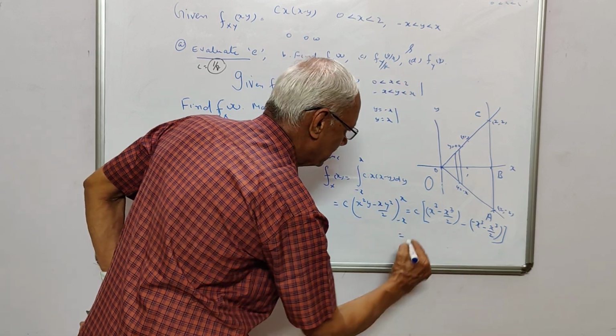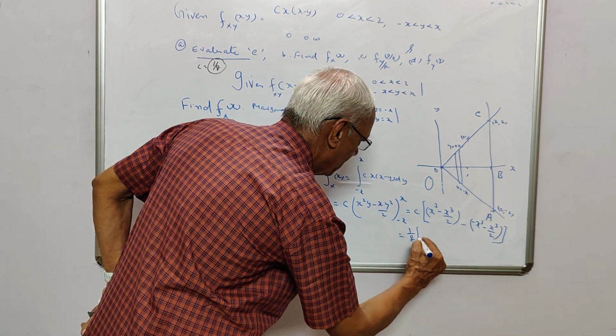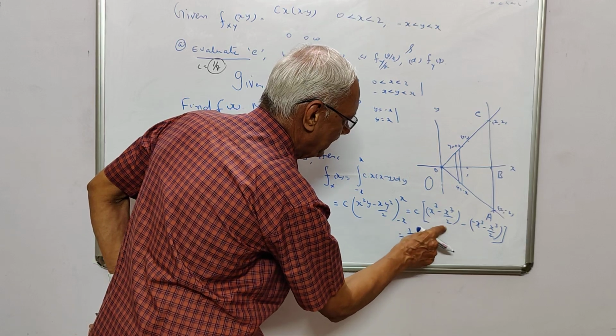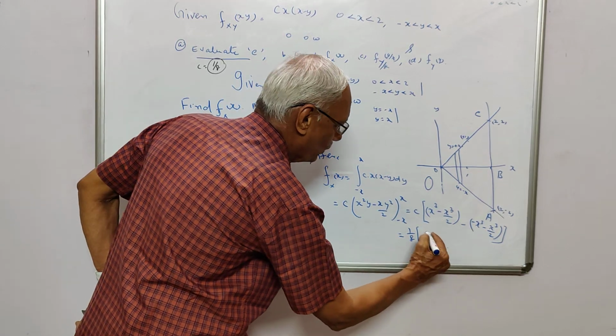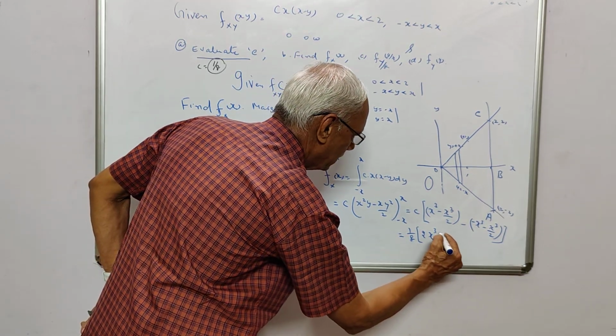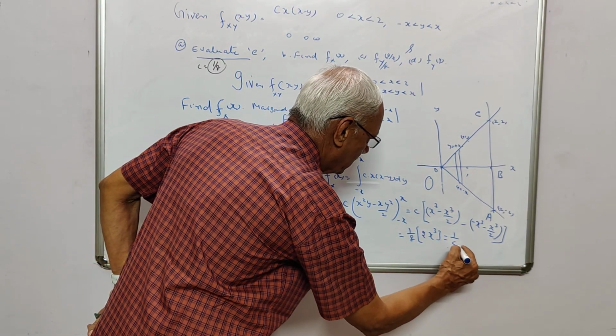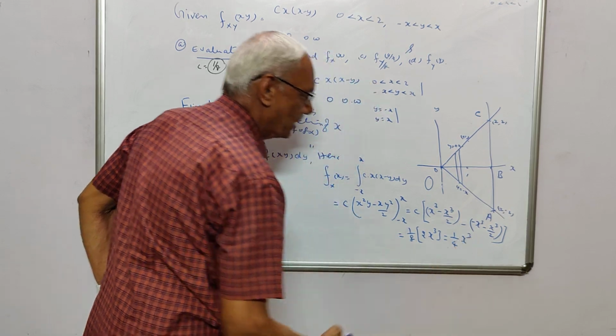So you take this, that is 1 by 8 into x cubed. This is minus x cubed by 2, this is plus x cubed by 2, will go off, giving you 2x cubed. So this is 2x cubed, that is equal to 1 by 4 of x cubed.